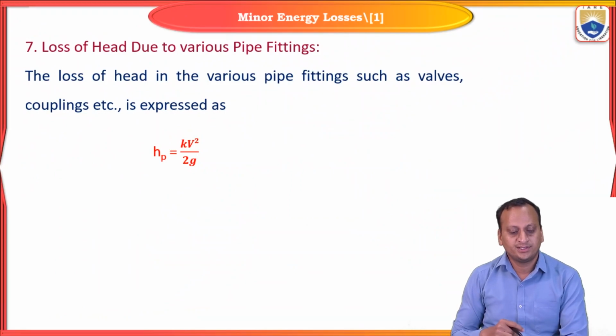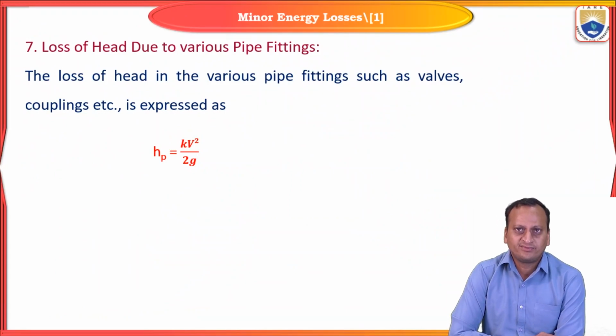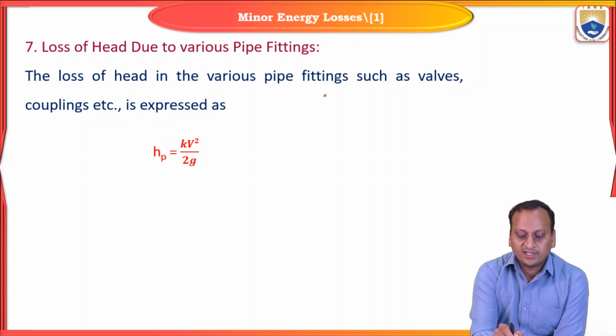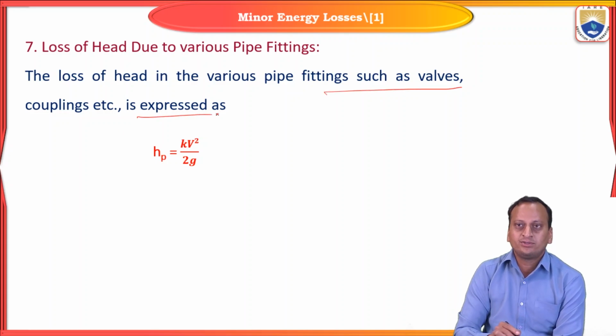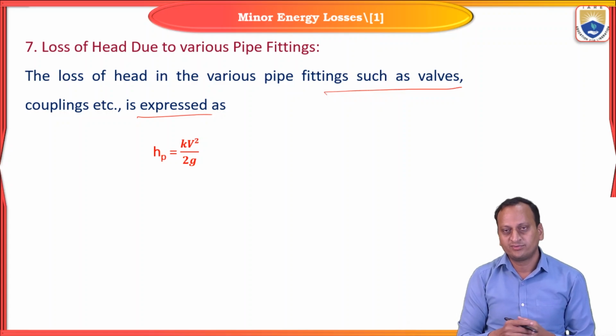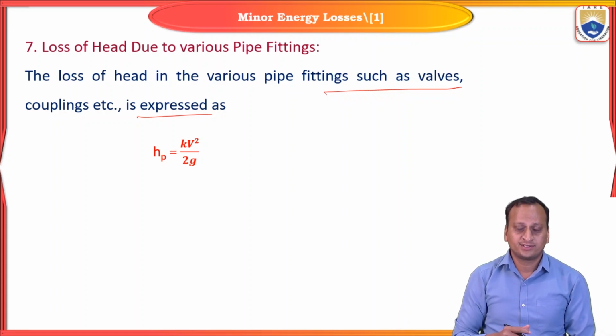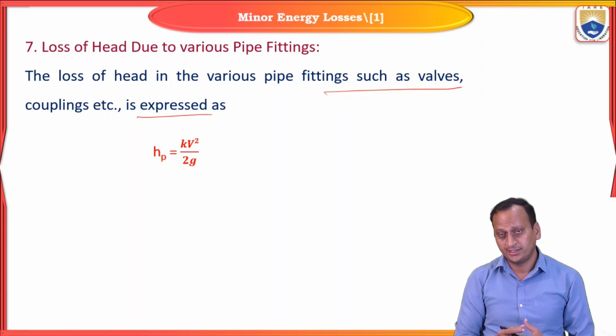Another loss is the loss of head due to various pipe fittings. The pipe fittings may include valves, couplings, etc. Due to that, the momentum or velocity will be reduced.